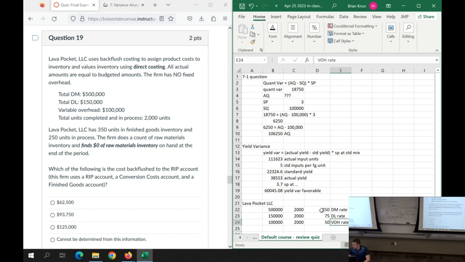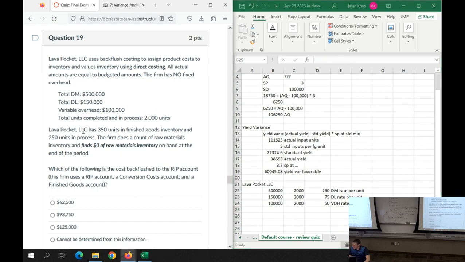So we incurred $250 per unit for direct materials, $75 per unit for direct labor, and $50 of variable overhead cost per unit. Okay, great. We have 350 units in finished goods inventory and 250 units in process.